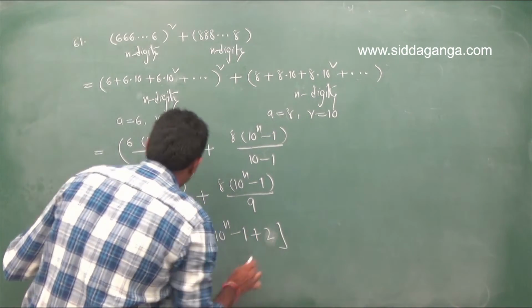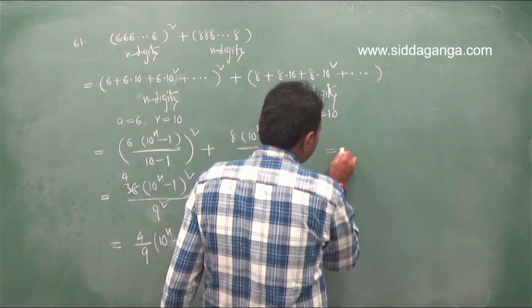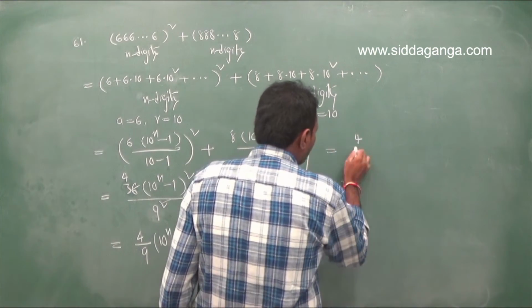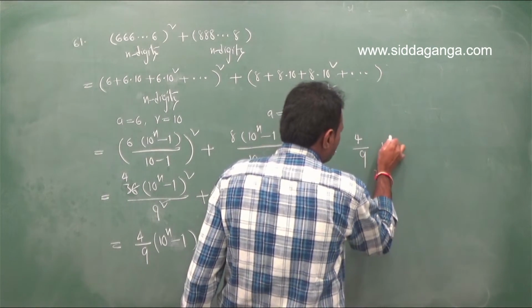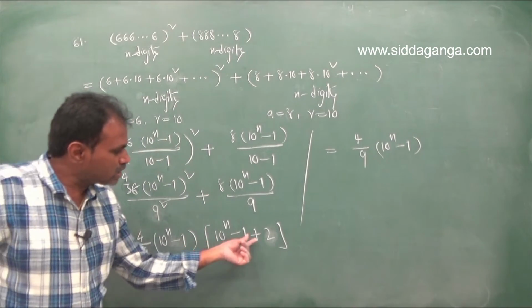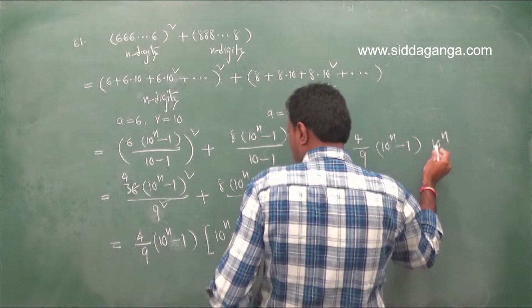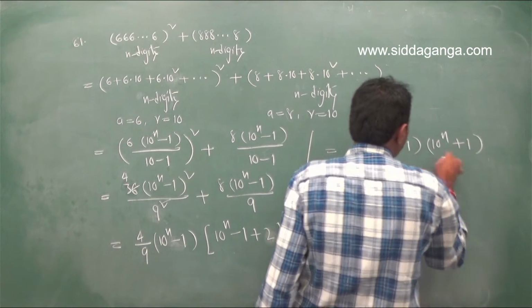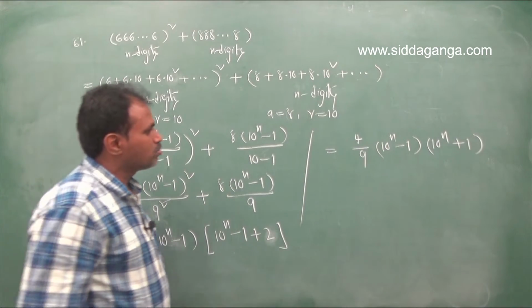Therefore, it is equal to 4 by 9 into 10 power n minus 1 into 10 power n minus 1 plus 1 means 10 power n, and 10 power n minus 1 plus 2 means 10 power n plus 1.